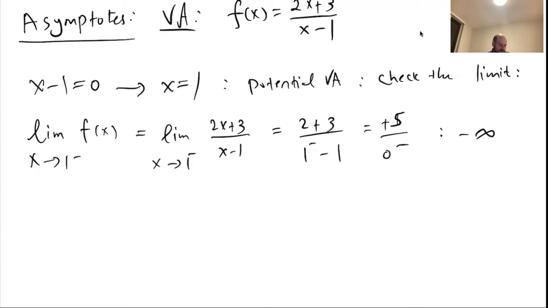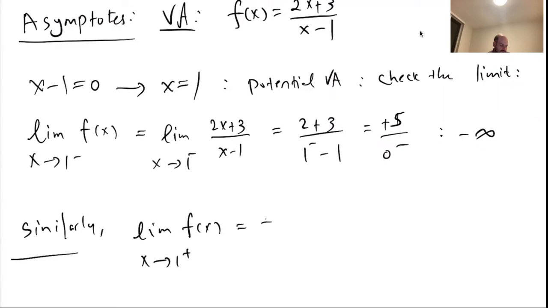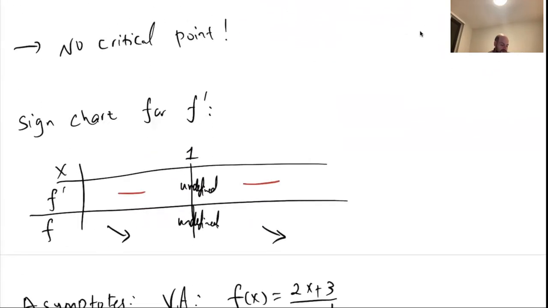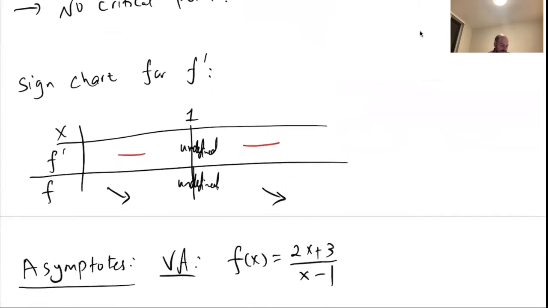Okay, so the left limit is minus infinity. Similarly, you can check that the right limit at 1 is plus infinity. So look at the graph of the function: it decreases all the way before 1, and right before 1 goes to minus infinity.